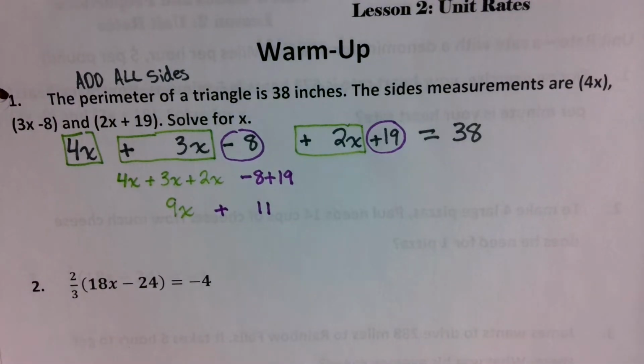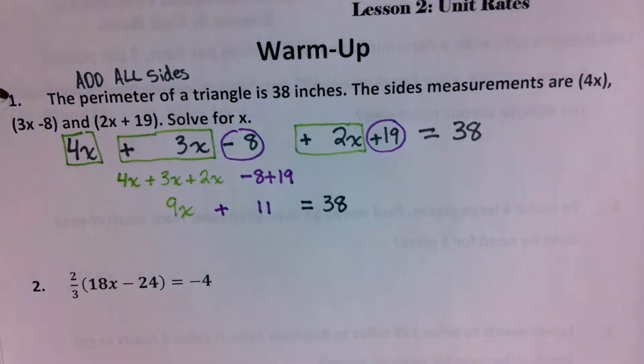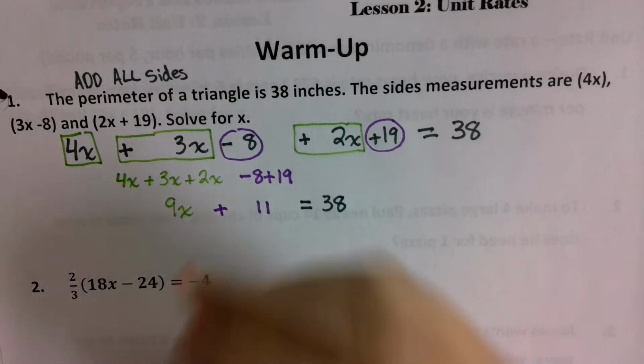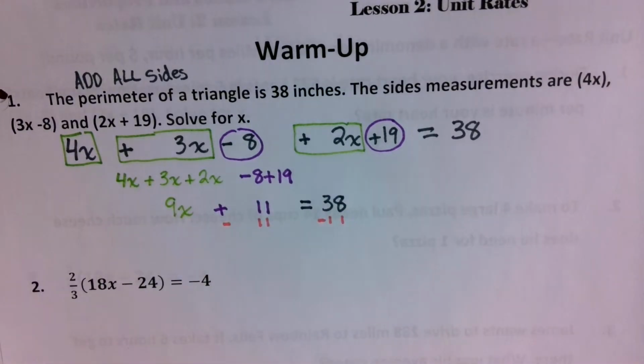And then the whole thing is set equal to 38. Then we can start solving, right? We simplified our expression down as much as we could. Now we can start doing the inverse operations or solving the equation. What do we do first to solve the equation, Crystal? Subtract 11. We're going to subtract 11 from both sides.